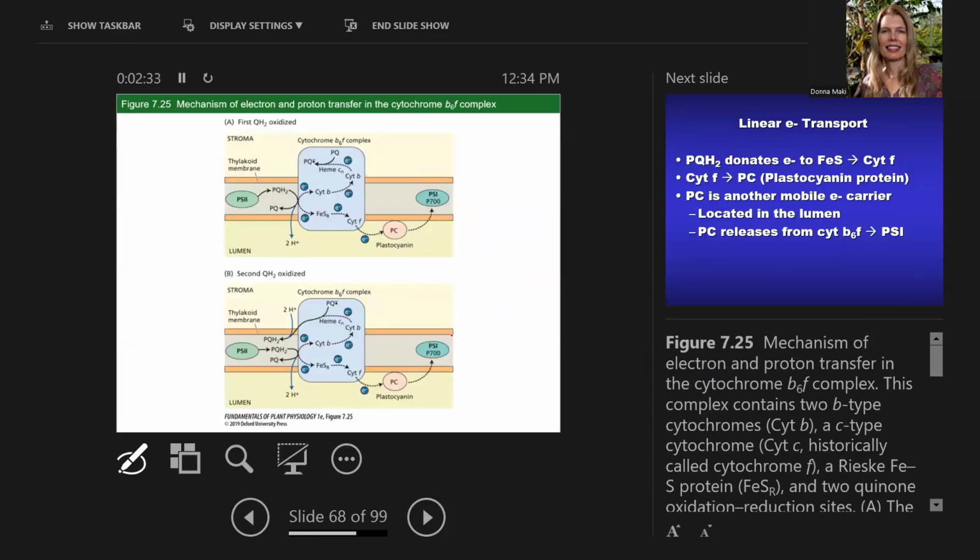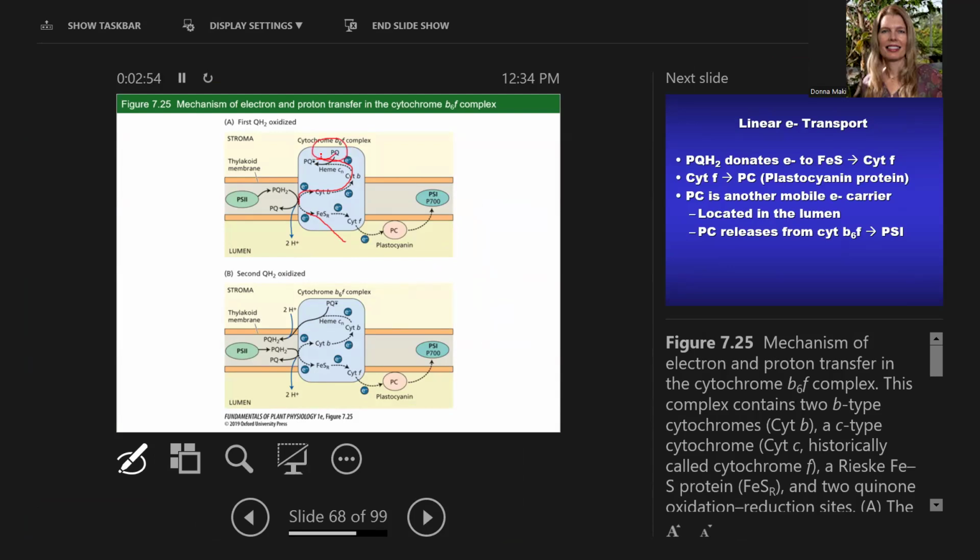So here's the Q cycle. With the Q cycle, you have that PQ donating off 2 electrons. One goes linear, but the other one goes into the Q cycle. So if you look at what's going on with the Q cycle, that PQ in the cytochrome B6F needs 2 electrons.